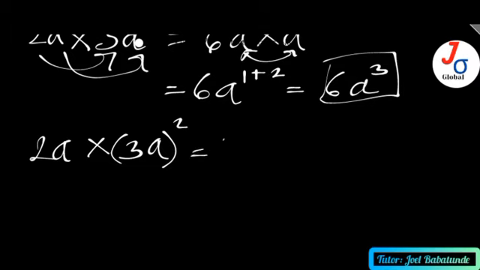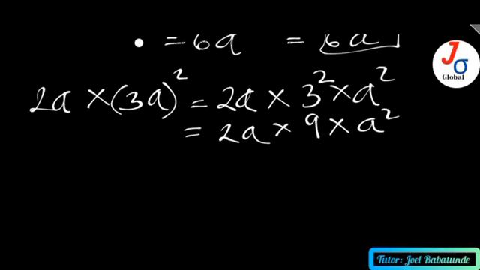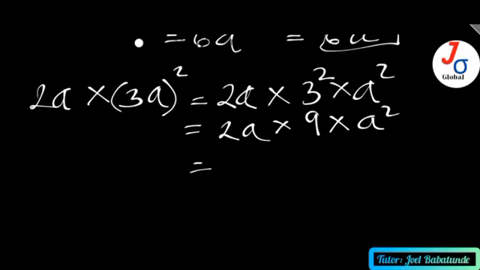Now I'm going to write this as 2a multiplied by 3 squared multiplied by a squared, because the square is for both 3 and a. 2a multiplied by 3 squared, which is 9, then multiplied by a squared. And 2 times 9 gives us 18.